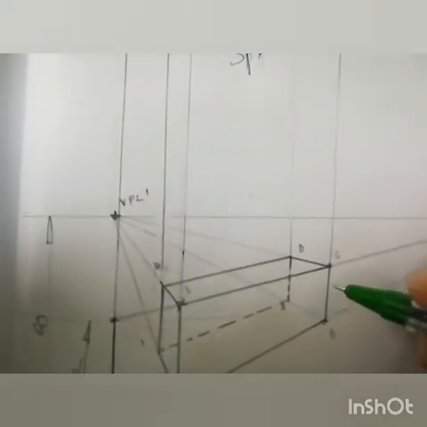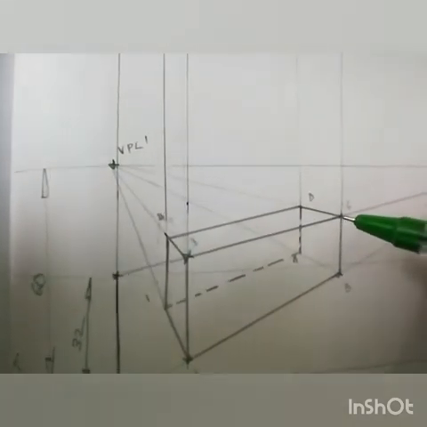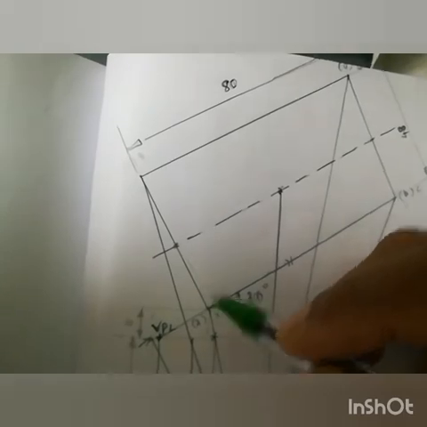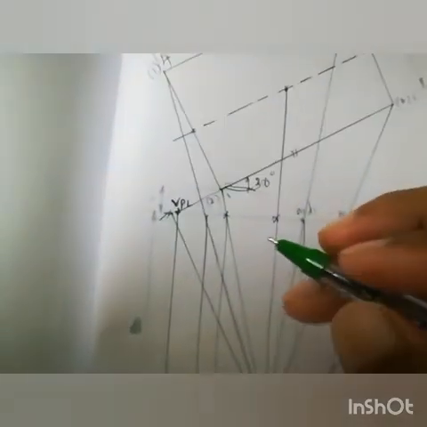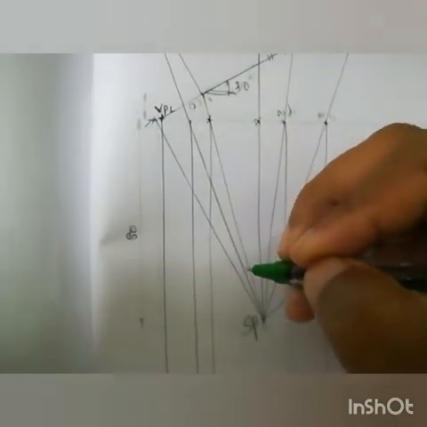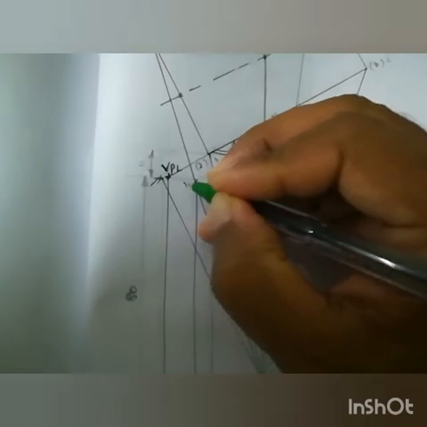Now we want to get points 1 and 4. So now listen. If this is 2, 3, this is 1 and 4. This is 1 at the bottom, 4 at the top. Now that is joined to SP. So here it is 1 and 4.